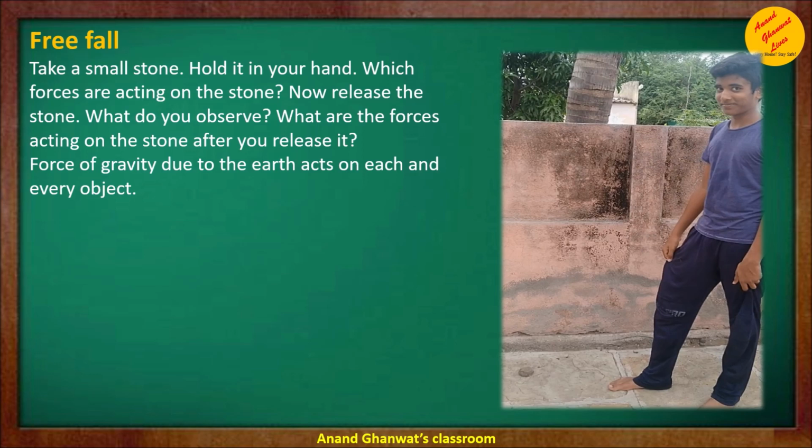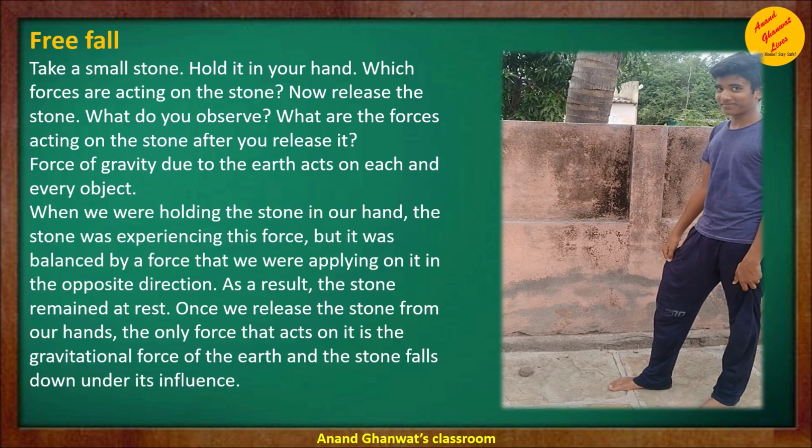The force of gravity due to the earth acts on each and every object present on the earth's surface. When we are holding a stone in our hand, the stone experiences this force, but it is balanced by the force applied by you on the stone.